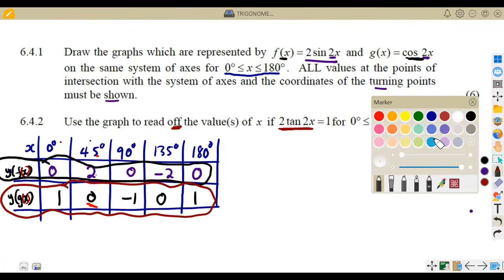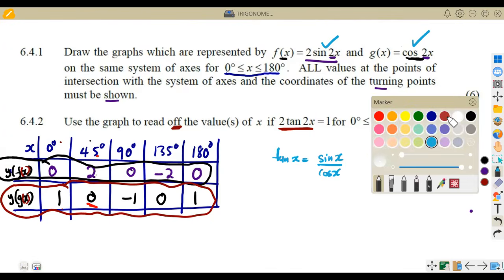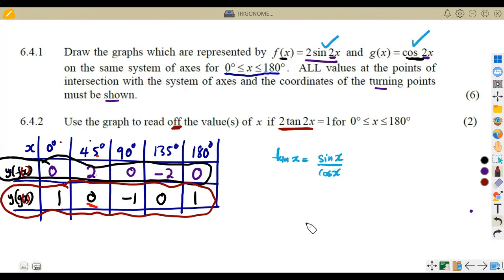Remember, in our trigonometry, we understand that tan of x is equivalent to the sine of x over the cosine of x. On top here we can see there is a sine there and a cos there. So they just wanted to play around with those values that we had before. So 2 tan 2x is the same as 2 sine 2x over the cosine of 2x.